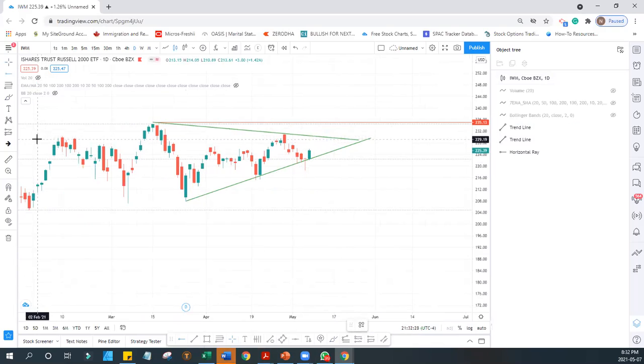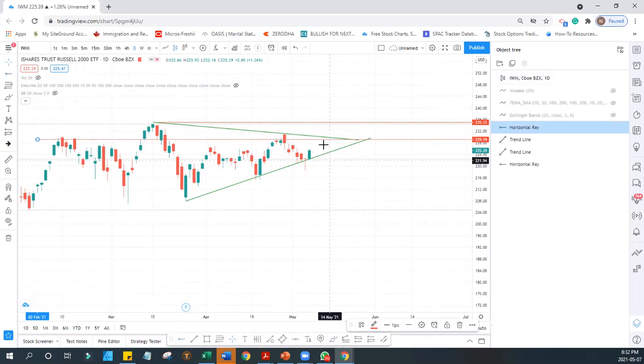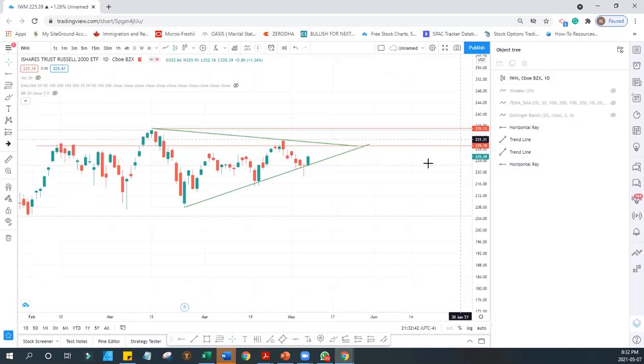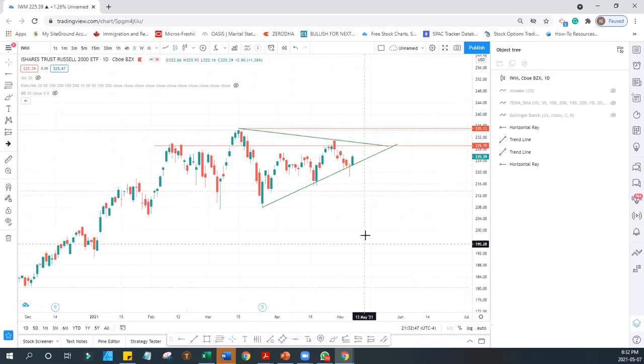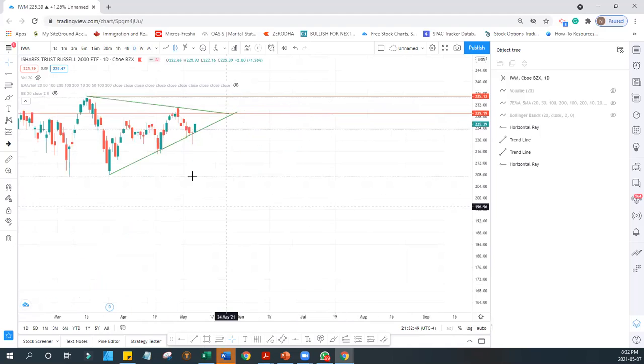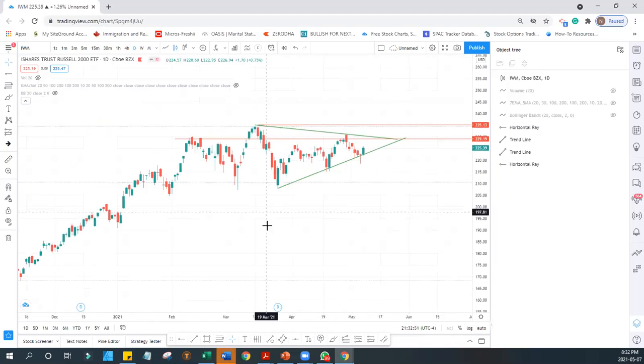Because it has to break, once it touches the top flag, then I will start putting in my stop loss. And if it breaks above, then I will wait for the wick, then it might give a very good result.